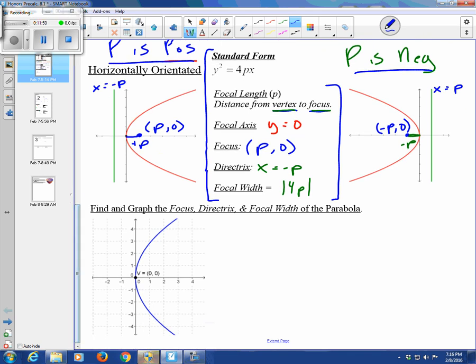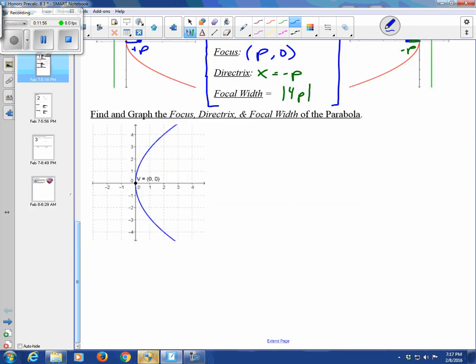Now here we have a problem a lot like the last problem, where we're asked to graph the focus, directrix, and focal width of the parabola. I'm going to ask you guys to go ahead and give this a shot on your own. Since this is a horizontally oriented parabola with its vertex at the origin, we know it can be defined by the equation y squared equals 4px.